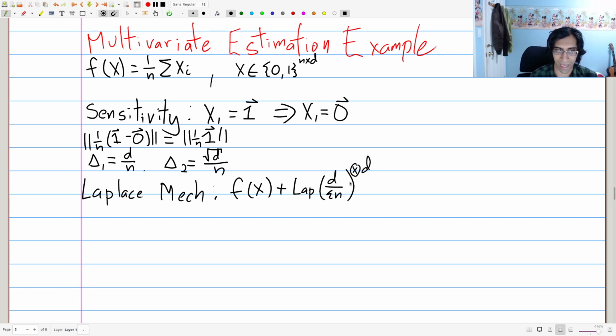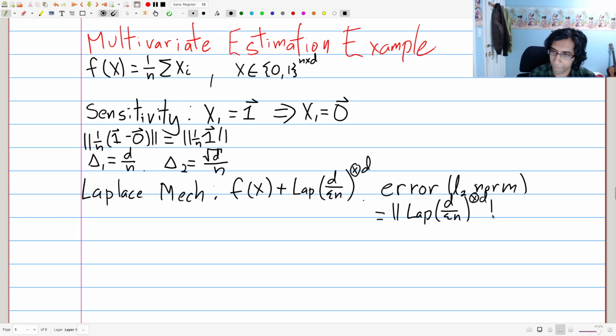This is shorthand for adding independent noise to each coordinate. The error is essentially how big this noise is. The error you introduce in L2 norm is the L2 norm of this Laplace noise.